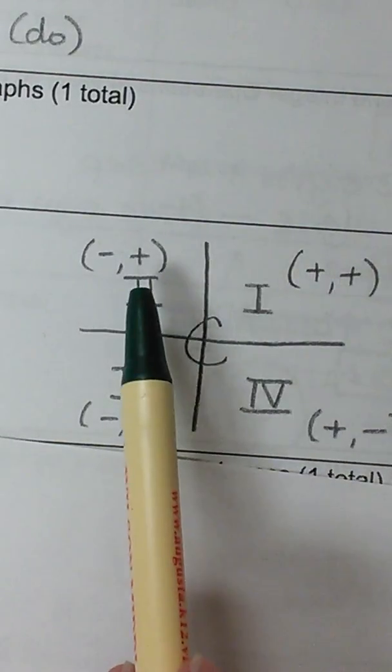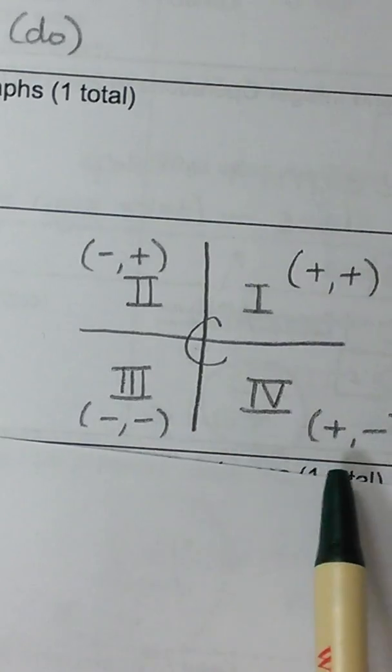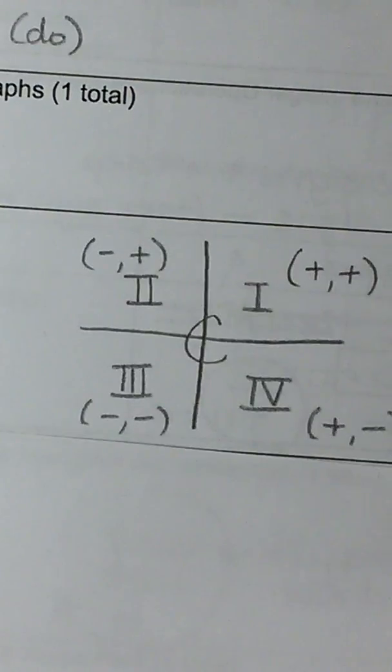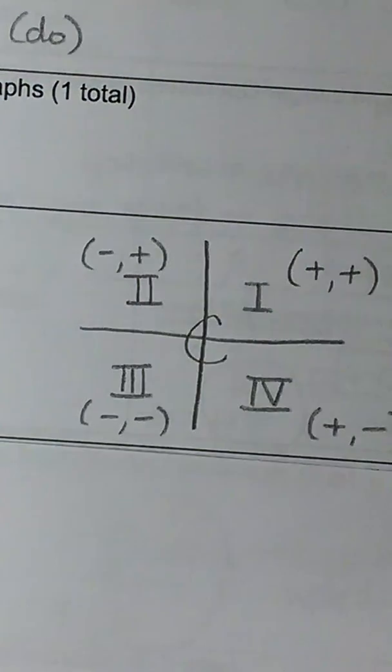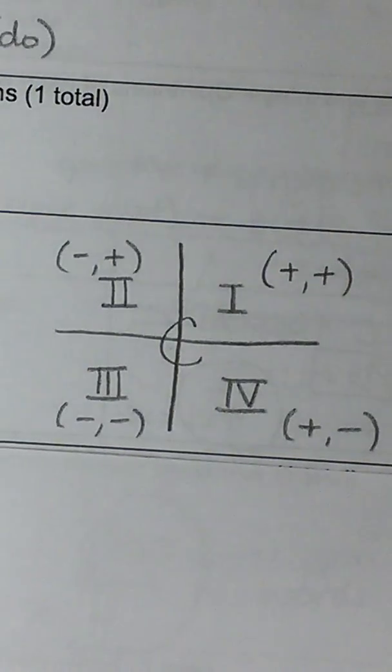Plus, plus, plus, negative, negative, negative, positive, negative. I think most of you have that, but boy, that's a great thing to remember. And I'm going to pause right there and let you make sure to have that copied. Again, you can always ask to pause the video as well.